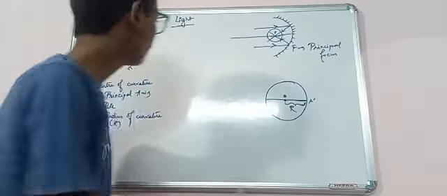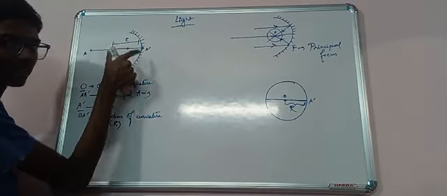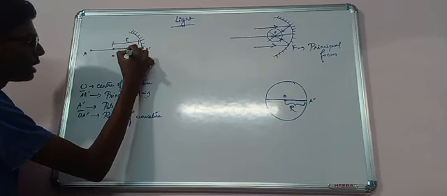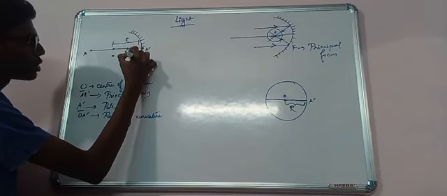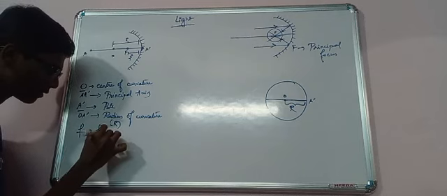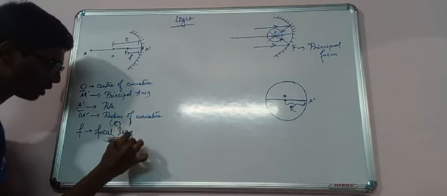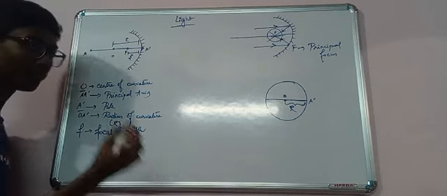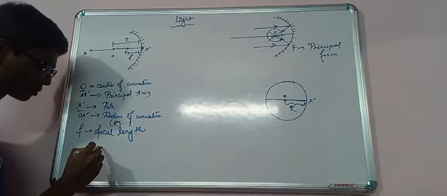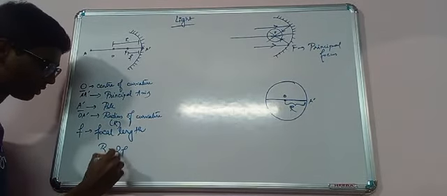Always. It will be in the center of this particular line. And suppose if it is F, the distance between F and A dash is called small f. What is small f? Focal length. From here we have one formula also. That is R equals 2f.